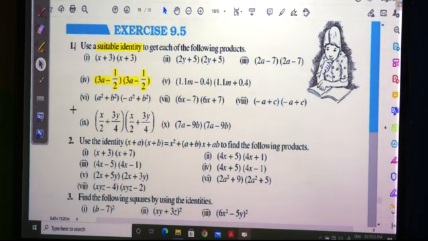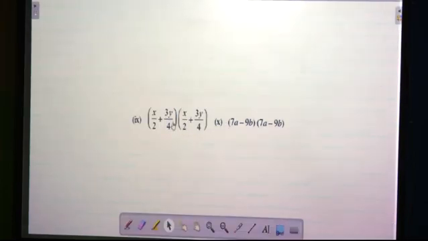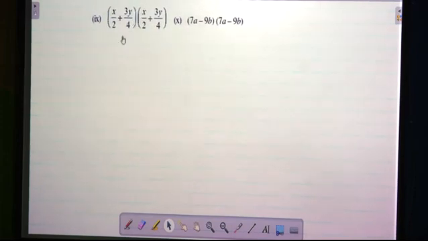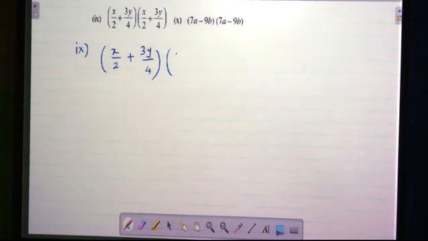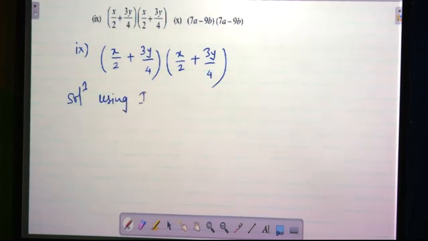We shall copy these two sums and take it on the page, using identity 1.